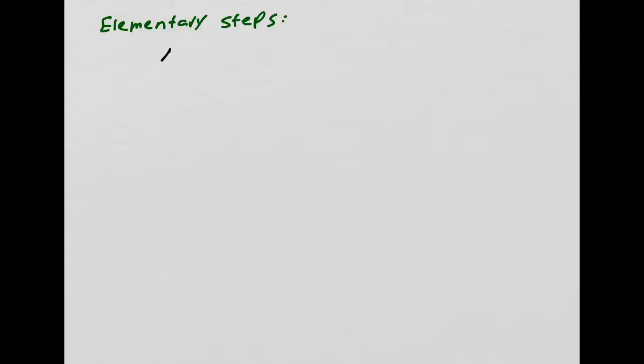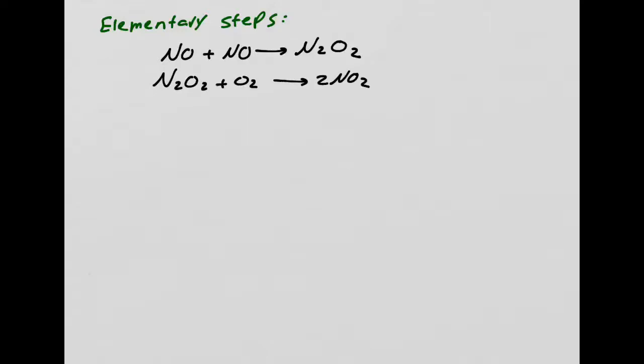You know how we had NO plus NO goes to N2O2, and then we had N2O2 plus O2 go to 2NO2. Okay. Now, this one right here is one elementary step. This one right here is one elementary step. I'm actually going to write it down because you've got to notice. This is one elementary step. And you'll see later on why I'm emphasizing this.